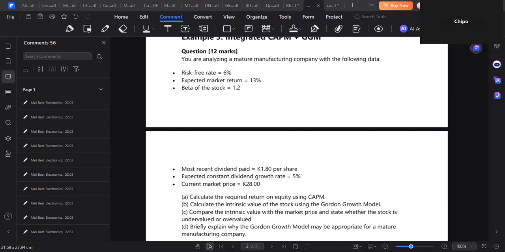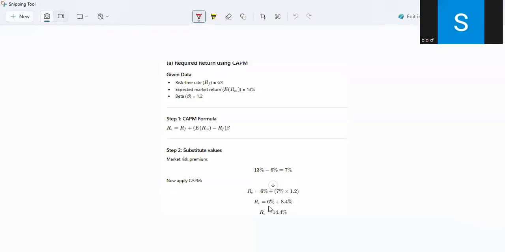Then the 7, we multiply with the beta of 1.2 to give us 8.4. 8.4 plus 6 gives us 14.4. Correct. Excellent.